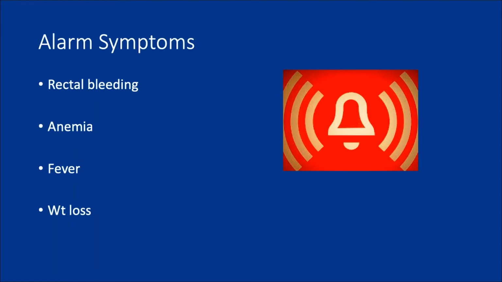And if there's no anemia, fever, and weight loss and just rectal bleeding, it's a potential for ordering an additional colonoscopy. Is it obligatory in a younger individual? Absolutely not.